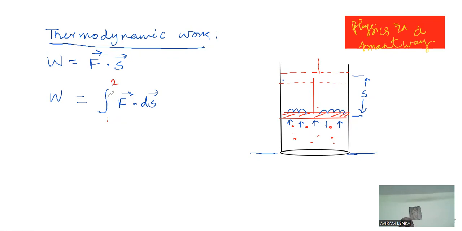So these two formulas are usually the formulas we use to find work.